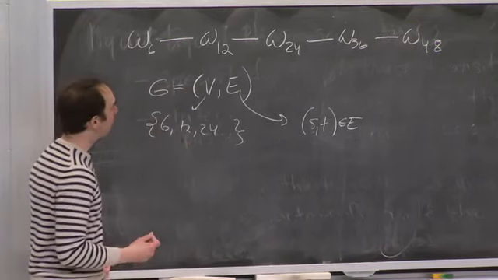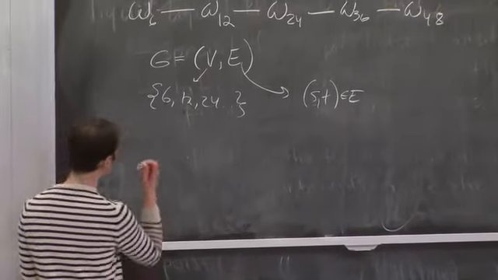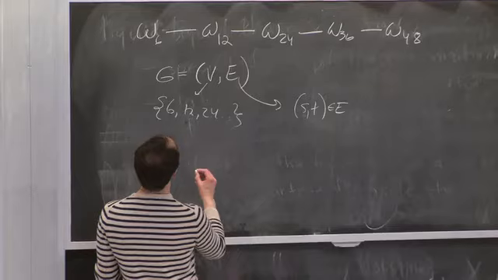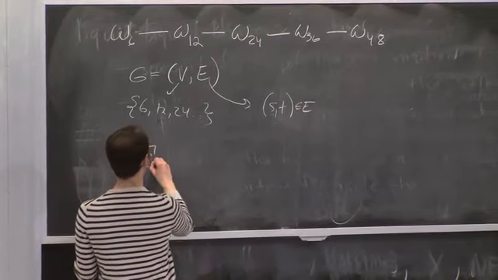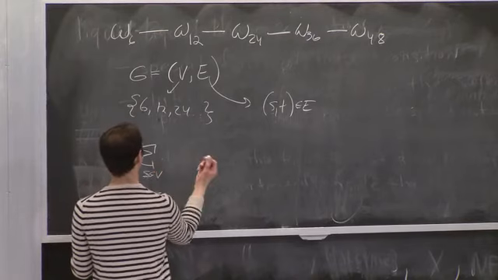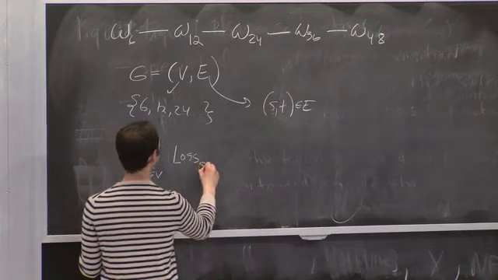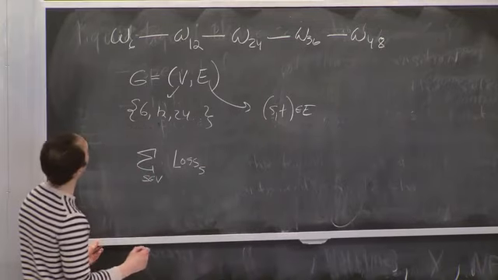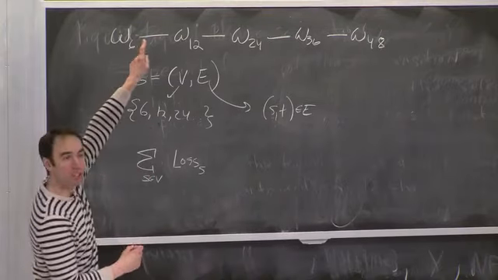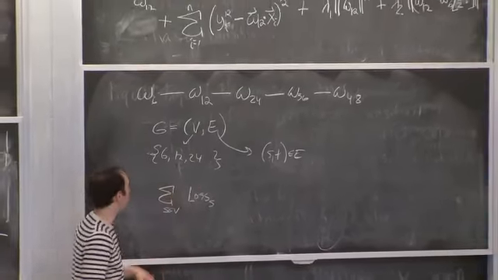Okay? Then what we'll do is we'll say that the new optimization problem is going to be a sum over all of the tasks of the loss function for that task. So I'm going to ignore what that is. I had two different loss functions for two different tasks, and I'm just going to add those together. I'm just going to leave that in this abstract form.